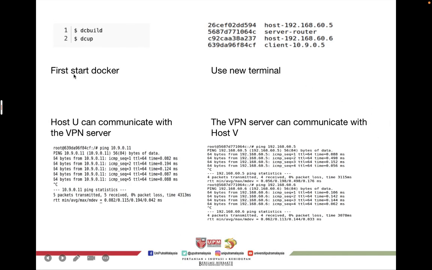First, start Docker and use a new terminal, and we can use host U to ping the VPN server. In this figure, you can see that host U can communicate with the VPN server, and then use the VPN server to communicate with host V like this.